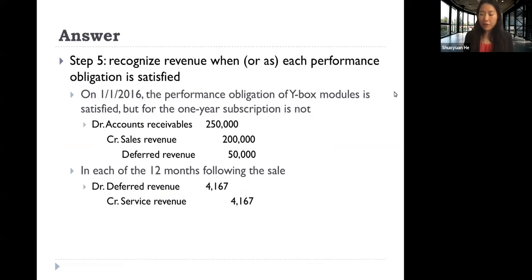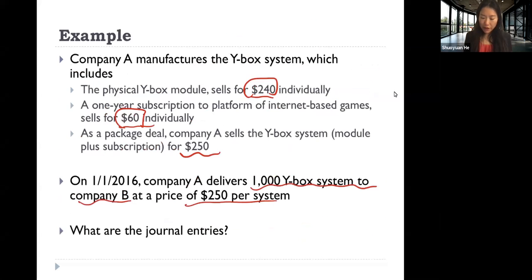And step five, we recognize revenue when each performance obligation is satisfied. The first obligation is to deliver the white box module. When is that performance obligation satisfied? So it is satisfied on January 1st, right? Because that is the date when those white box modules are delivered.